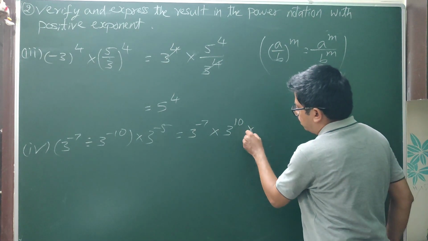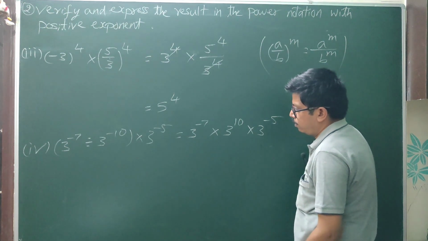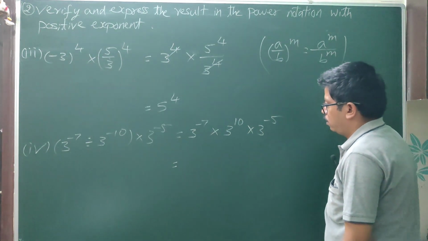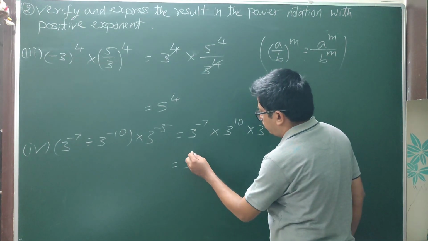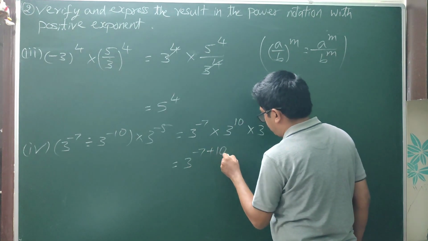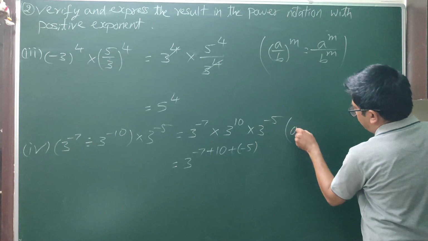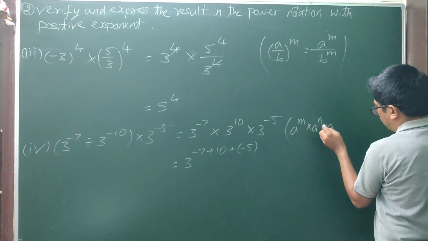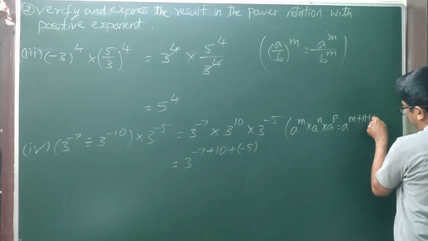Next, into 3 power minus 5 equal to 3 power minus 7 plus 10 plus of minus 5. a power m into a power n into a power p equal to a power of m plus n plus p.